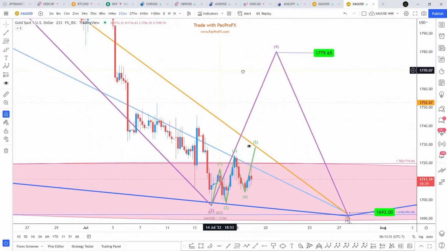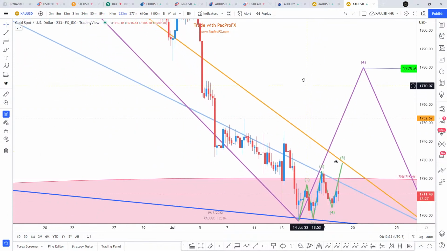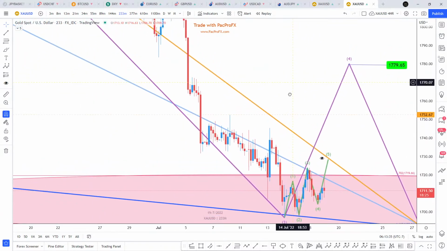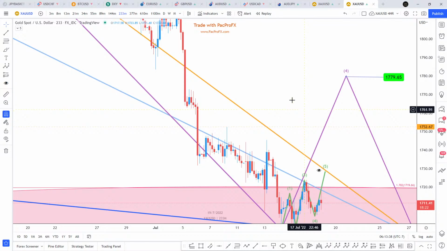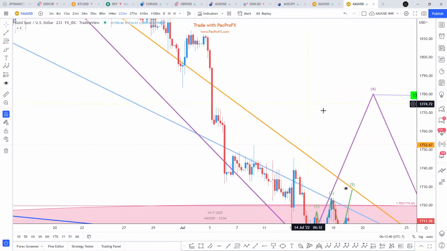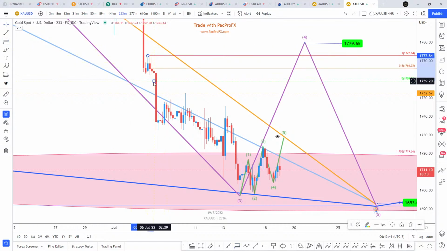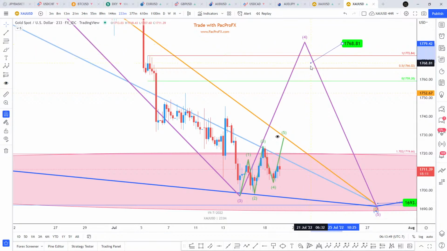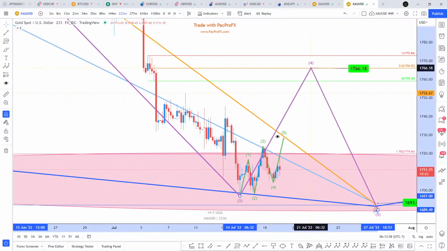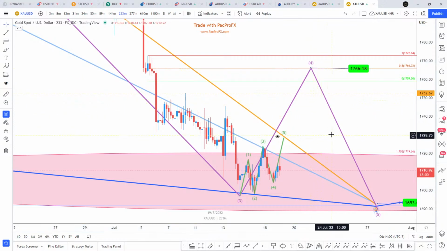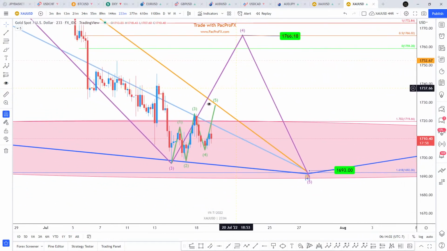And let's see how far this will go. I think it will be actually in this area. So looks like we'll probably correct a little bit further. 1766.18. Probably where we go.